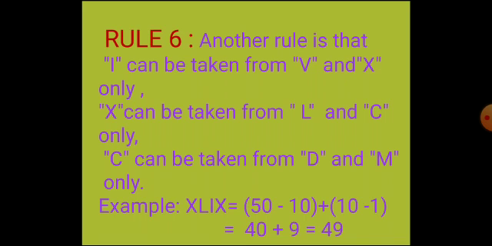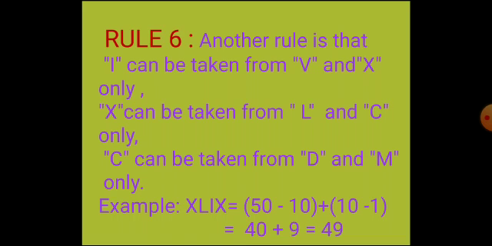Let us see an example. XLIX. So here how to find the value? X, L. L is the larger value. X is placed on the left side of L. X value is 10. So the left side means we have to subtract that value. So 50 minus 10, plus I and X. X is the larger value, I is the smaller value.